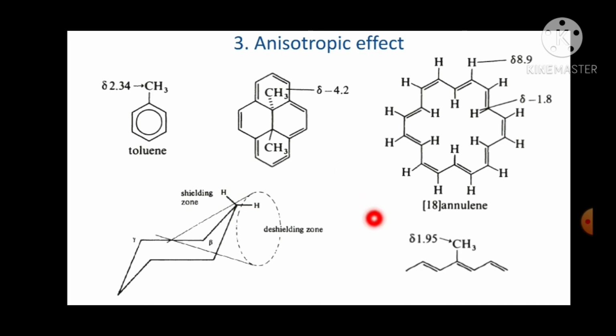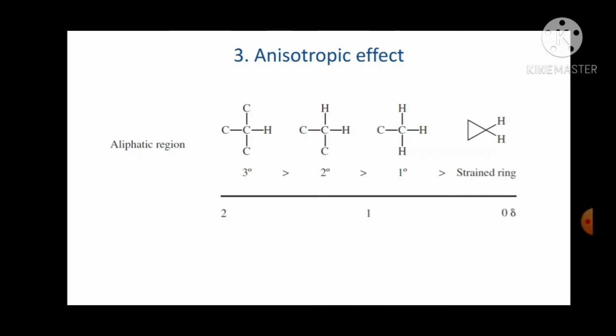Then we have the protons in this kind of aliphatic system, CH3, which appear in the shielded zone, near 1.95. Similarly, we can account for the effect in this case. If it is a tertiary attachment, this hydrogen atom will be near a delta value of 2.